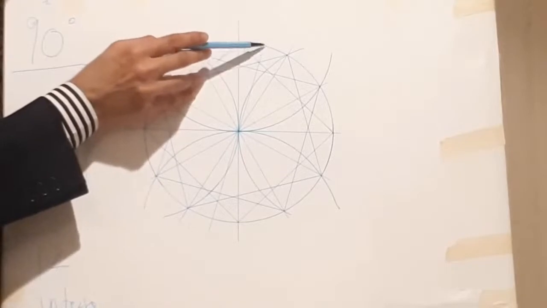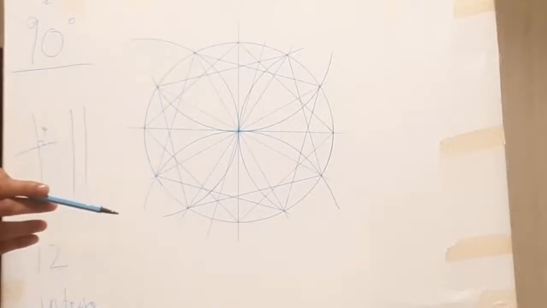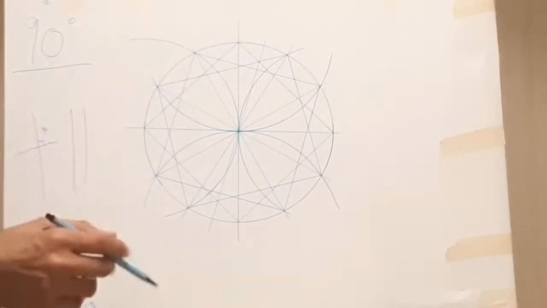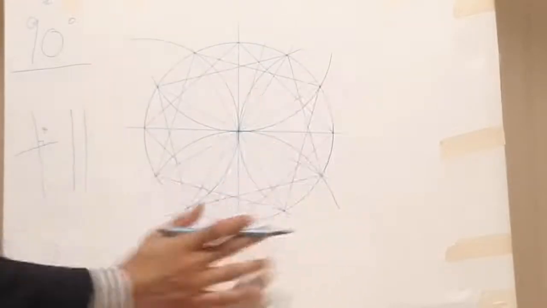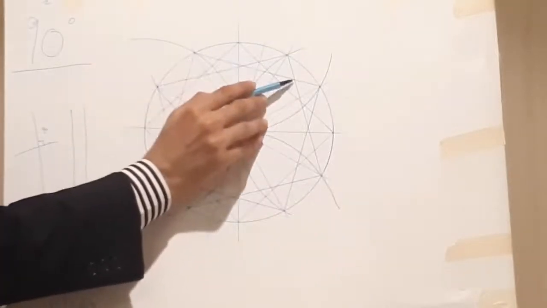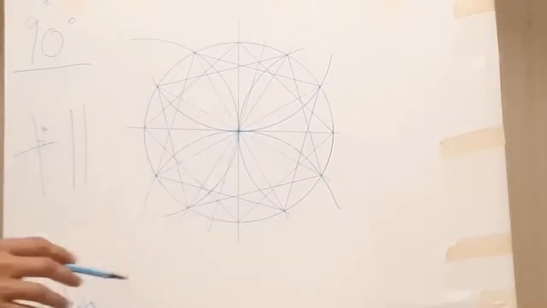So I started my line from here, origin, and came out from the opposite point. Do not be confused. As I have said earlier, there are 12 intersection points, an opposite point. So moving on, what I do is I will draw lines.